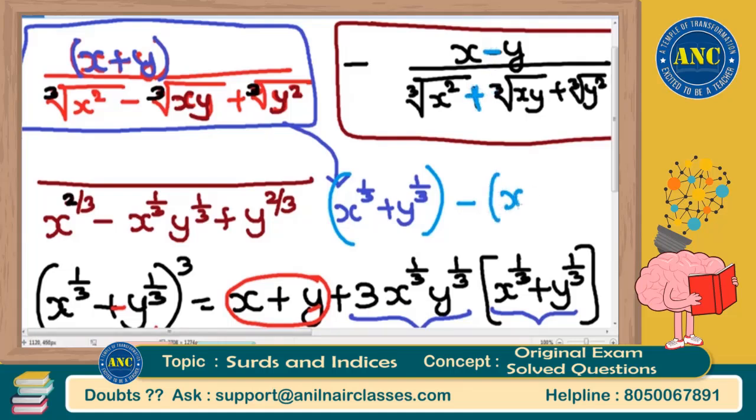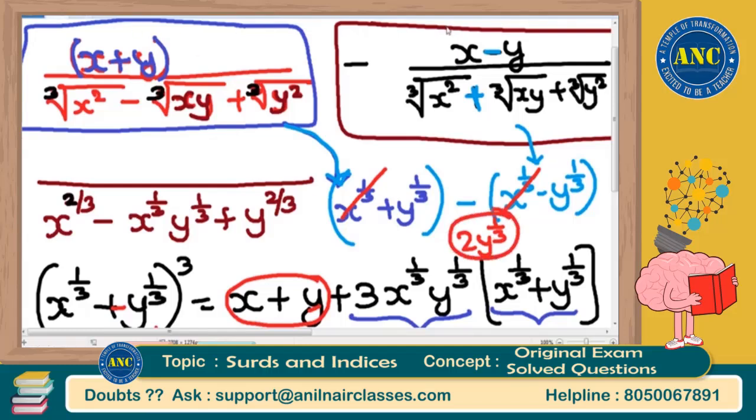So this becomes x power 1 by 3 minus y power 1 by 3. The x term will get cancelled after you remove the bracket. Your final answer is y power 1 by 3 plus y power 1 by 3, so 2 times y power 1 by 3 should be the answer.